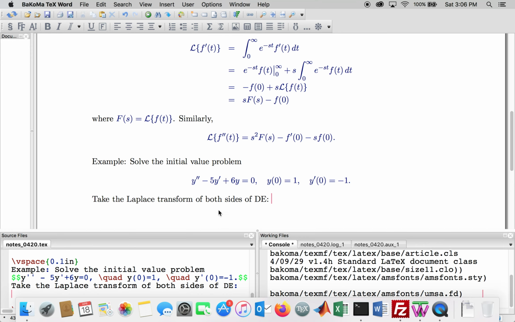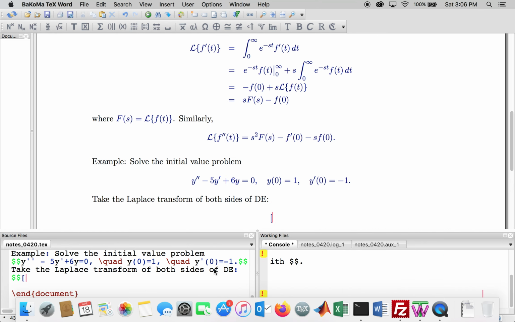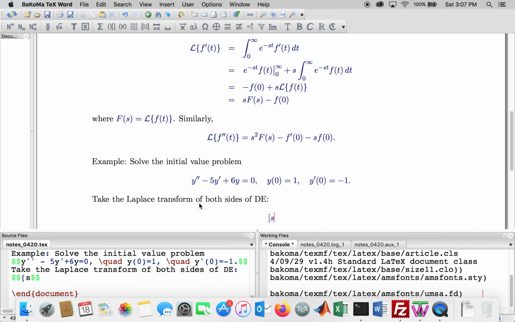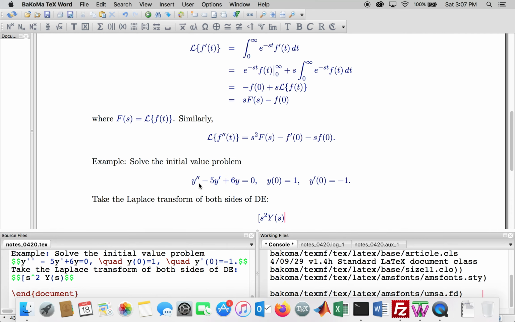So now the right side, the Laplace transform of 0 would just be 0. On the left side, we're going to have the Laplace transform of y double prime. So that would be s squared, and you can use capital Y of s to refer to the Laplace transform of y of t, so minus y prime of 0 minus s y of 0.